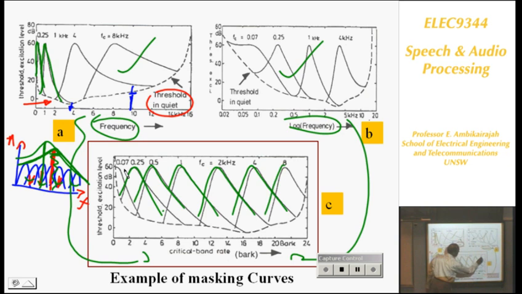So people say, if you are going to do audio coding, you must use the Bark scale, because the masking patterns are going to be the same in each band. Then we can use that knowledge to do coding. That's one of the reasons you want to see the masking pattern.